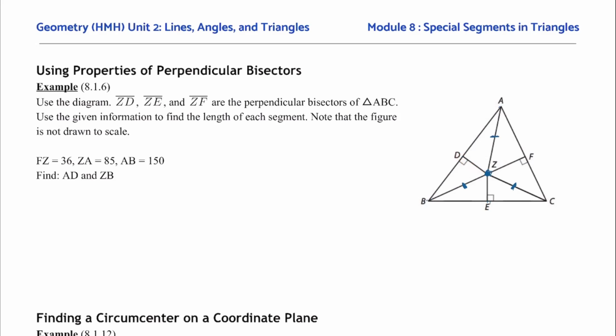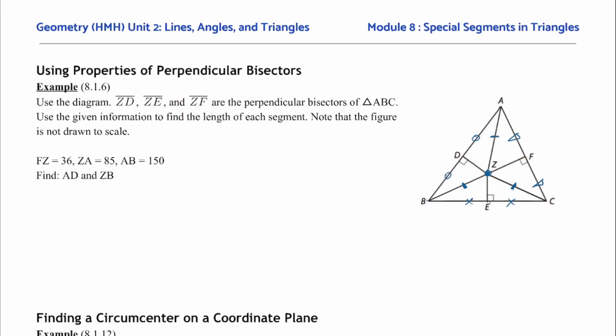But let's go all the way to ZF. It says ZF is a perpendicular bisector, so Z must be equidistant from the endpoints of the segment CA, which means that these two are the same. Okay. All right. Let's go through this. And on top of that, these two are the same, these two are the same, and these two are the same, because they're perpendicular bisectors, right?